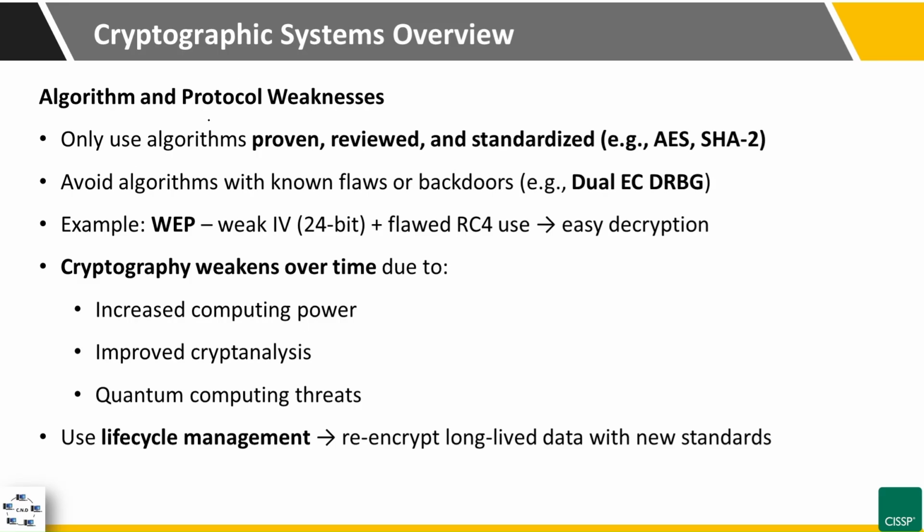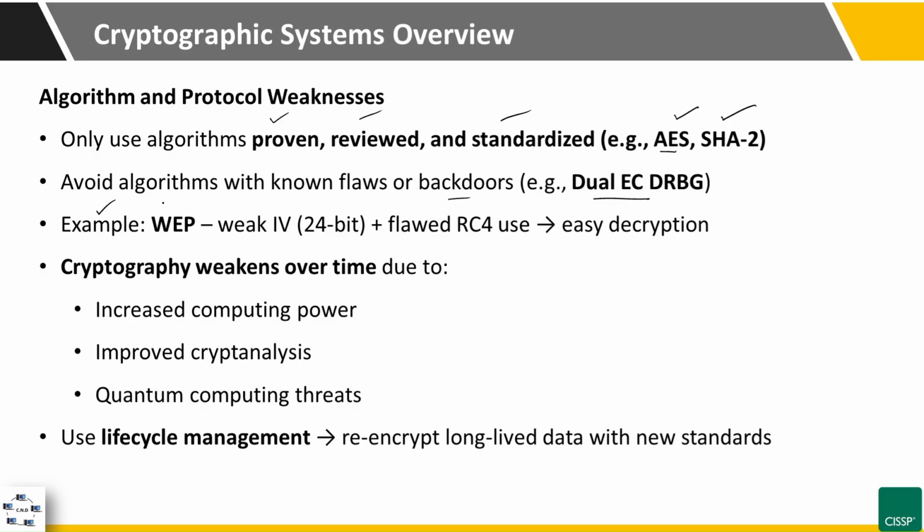For algorithm and protocol weaknesses, you should use only algorithms that are proven, reviewed, and standardized. For example, AES for encryption and SHA-2 for hashing. Avoid algorithms with known flaws or backdoors, for example, Dual EC DRBG.